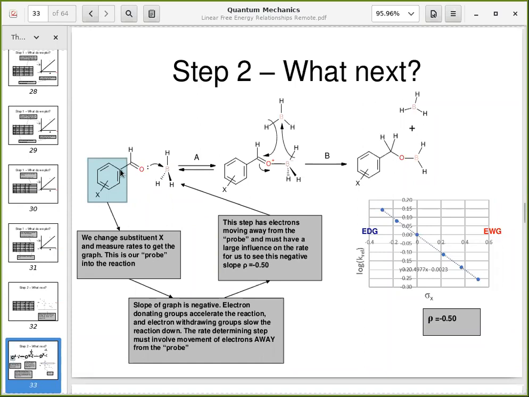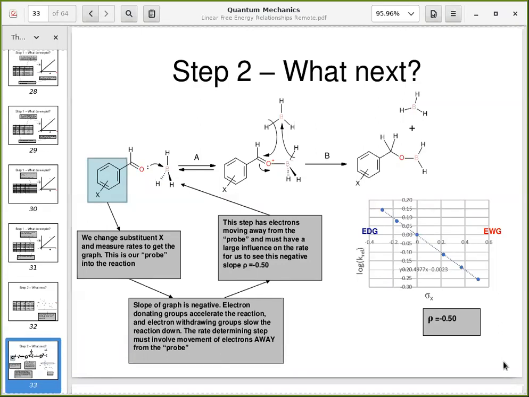So this certainly does seem like a good choice of rate determining step for this entire reaction, given that we've got a negative slope. However, I'm going to throw a spanner in the works, and what we're going to do today is we're going to get some idea of what reaction constants look like.